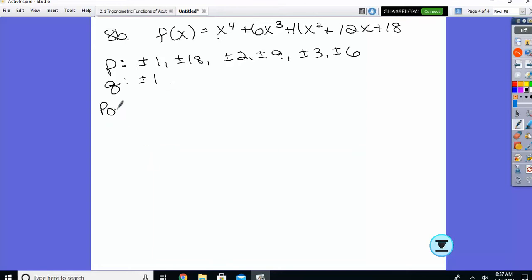So the possible zeros are P over Q. So you do 1 over 1, 18 over 1, 2 over 1, and so forth. In this case, we're just getting all of our P values again, aren't we? Does everybody know how to get this list?